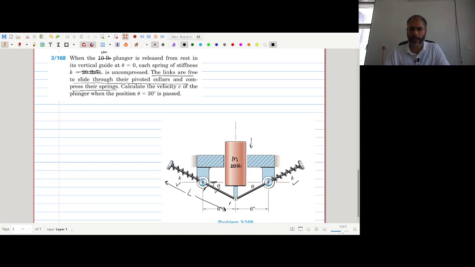When we use the work energy approach, we can use the expression that initial mechanical energy is equal to final mechanical energy, because the work due to external forces and non-conservative forces are both 0.